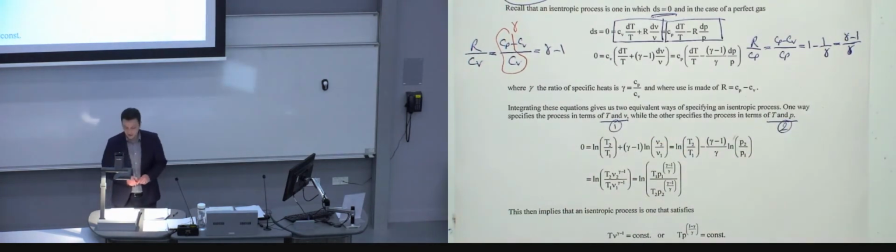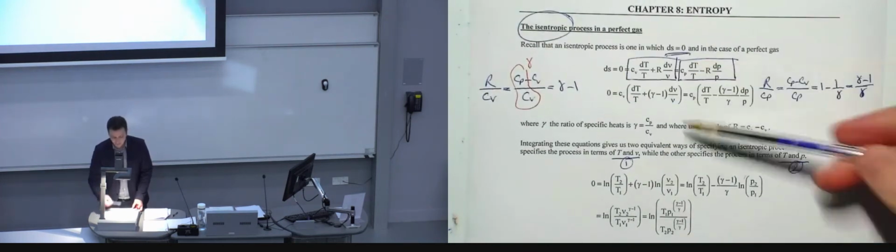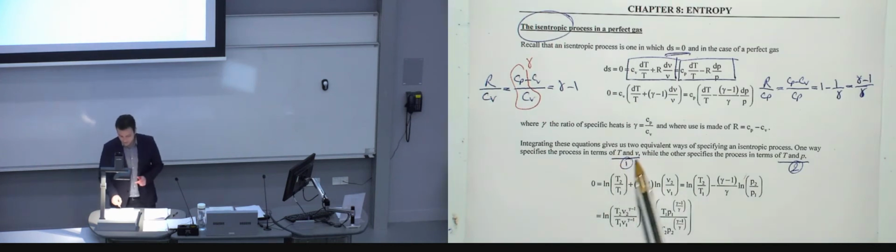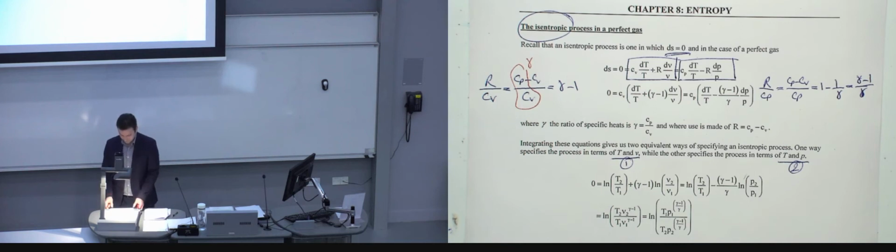I want to use the two equations that you've seen here to derive equations that relate temperature to the specific volume and temperature to pressure. Because if you have those relationships, it would be very useful in a lot of situations.